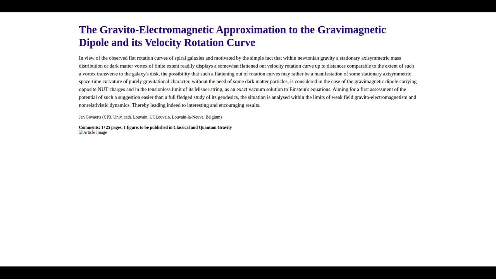Aiming for a first assessment of the potential of such a suggestion easier than a full-fledged study of its geodesics, the situation is analyzed within the limits of weak field gravito-electromagnetism and non-relativistic dynamics, thereby leading indeed to interesting and encouraging results.